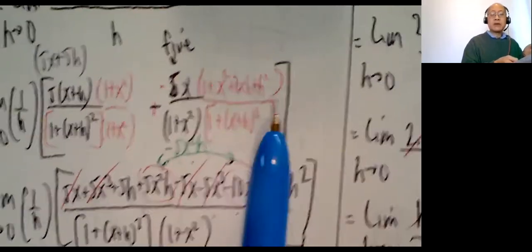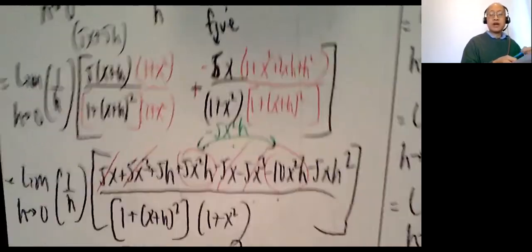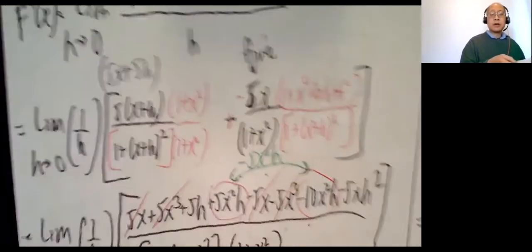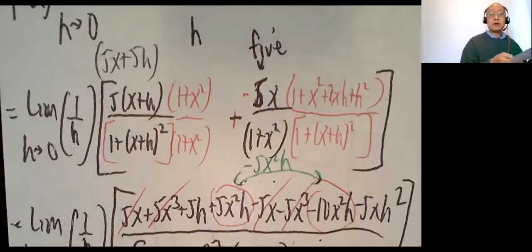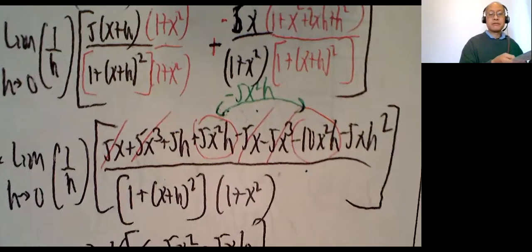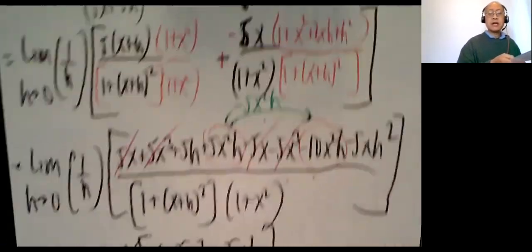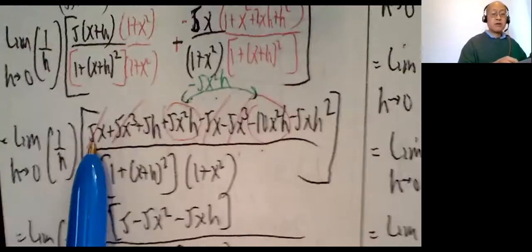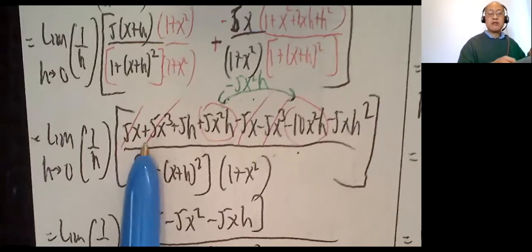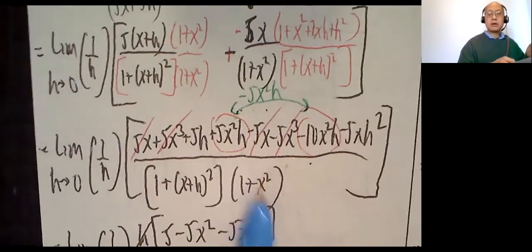And negative 5x times h squared is negative 5xh squared. Okay, and I'll raise it up again to make it easier to see. Start from the top again and show you. Okay, then I cancel out stuff. 5x cancels, 5x cubed cancels.